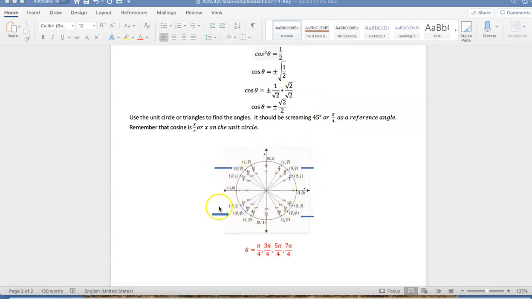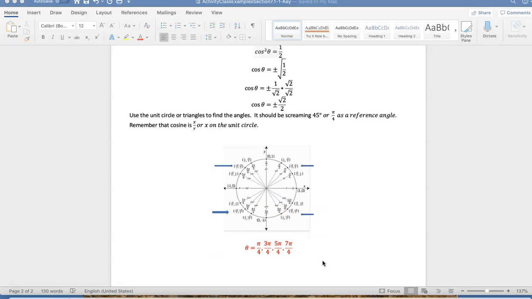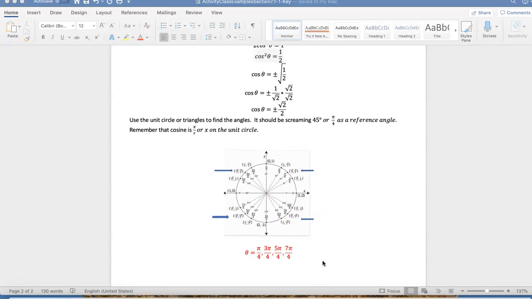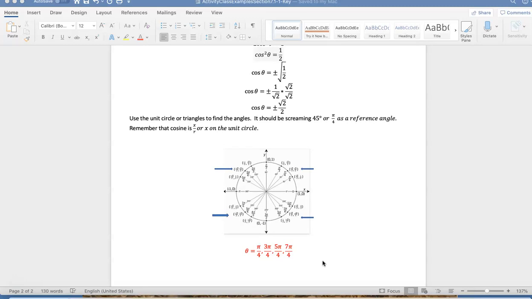So it's these 4 angles. Pi over 4, 3/4, 5/4, and 7/4. Those are your 4 answers there. Okay, these are some additional classroom examples that I hope you worked through with me and not just copied me. Thank you.